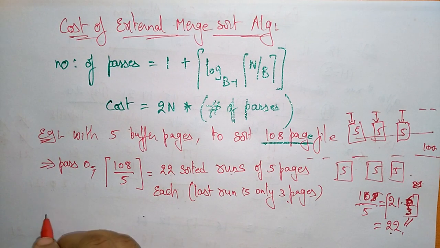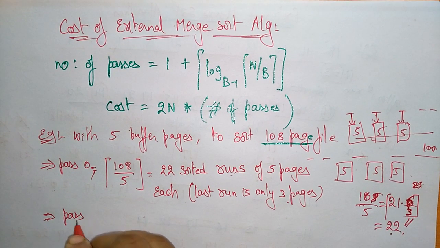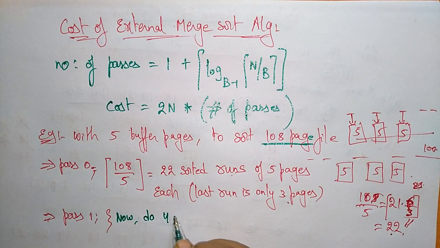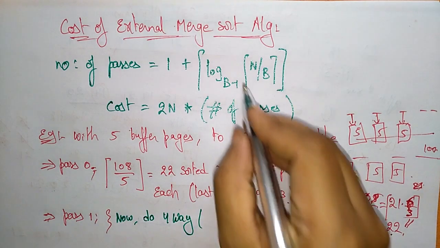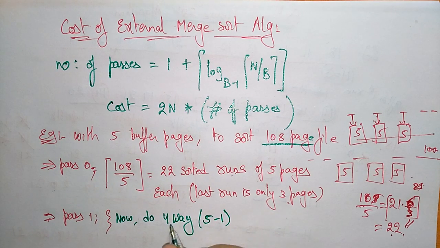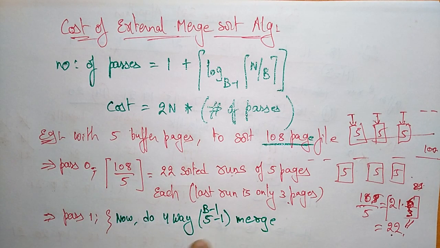Now coming to the next pass, pass 1. According to the algorithm, we now do a 4-way merge. 4-way, because you have 5 buffer pages, and 5 minus 1 gives 4. So it is a 4-way merge, that is B minus 1. According to the algorithm you do B minus 1, or M minus 1.